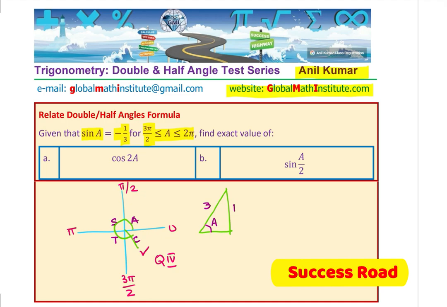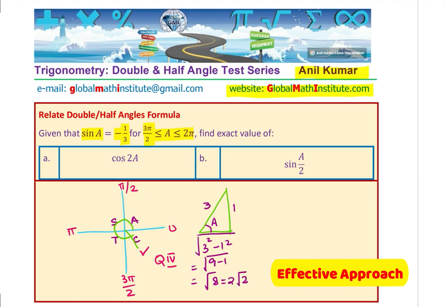So what is the third side? Well, this side is the square root of 3 square minus 1 square. So using the Pythagorean theorem, we can find this side, which is square root of 9 minus 1, or square root of 8, which you can also write as square root of 4 times 2, or 2 square root 2, right? So this side here is 2 square root 2, correct?